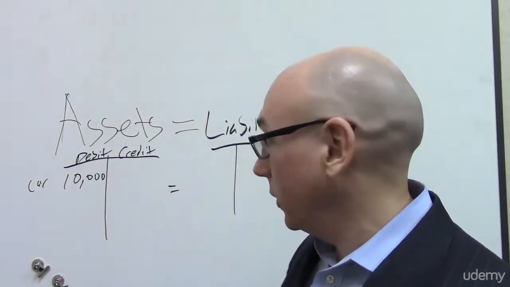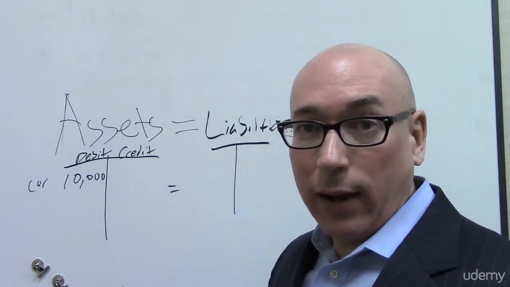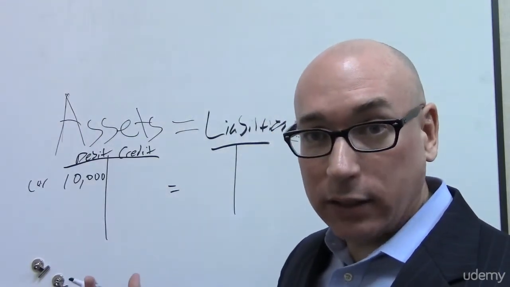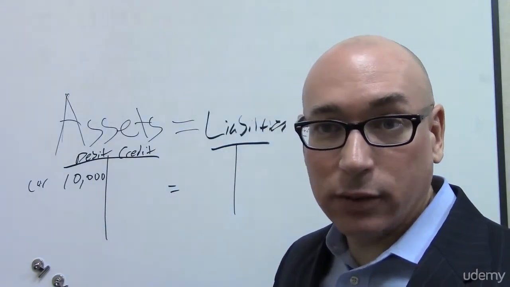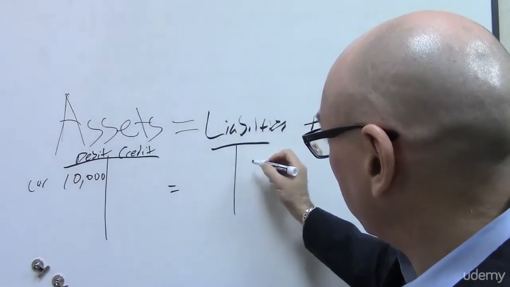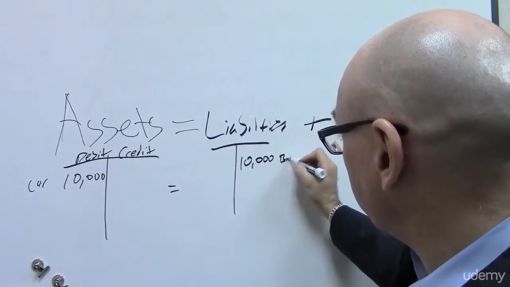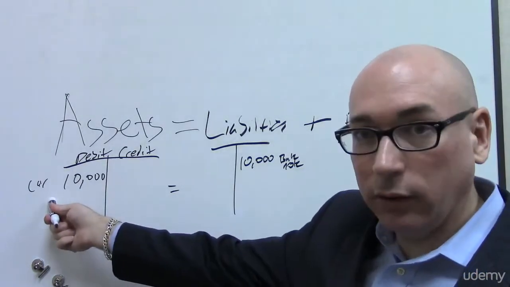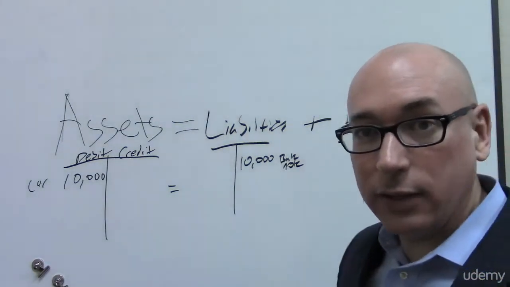Now, how did we do it? Did we buy it on credit? Did we use cash? We have to credit something. So let's say that we finance the whole $10,000 through the bank. That means we have a bank note for $10,000. So we debit the car and credit the bank note for $10,000.